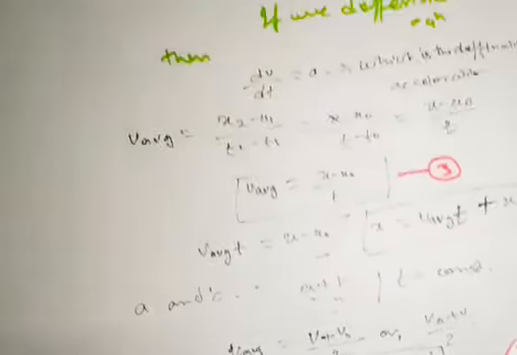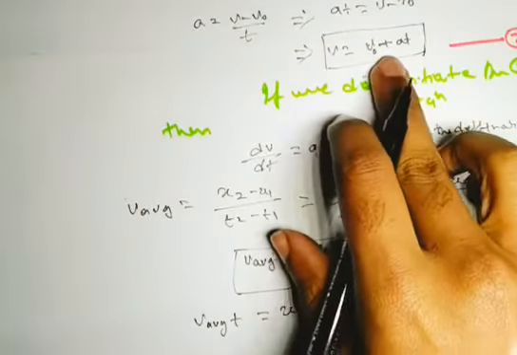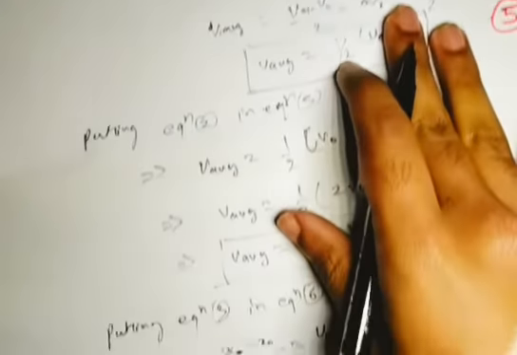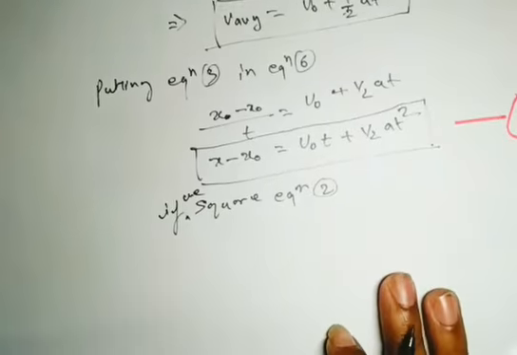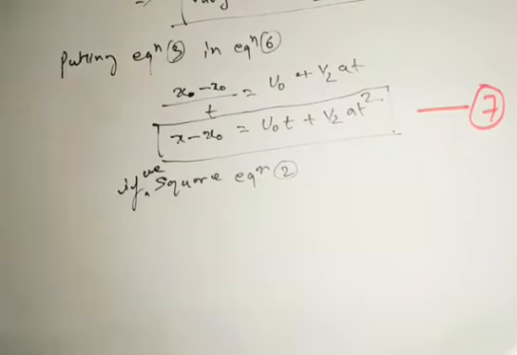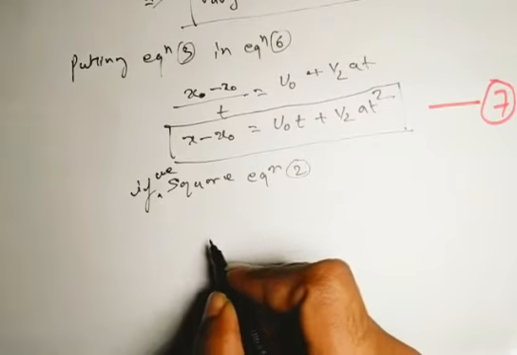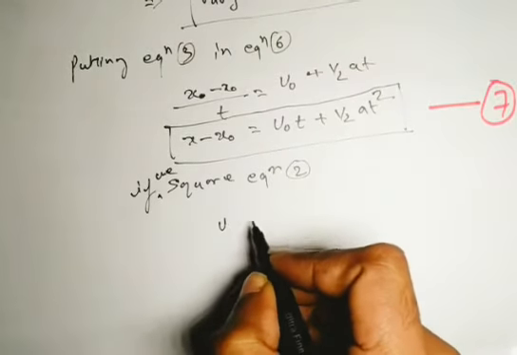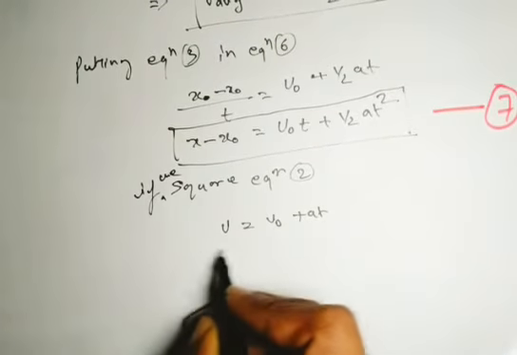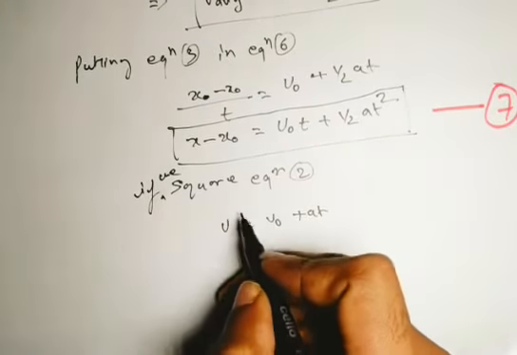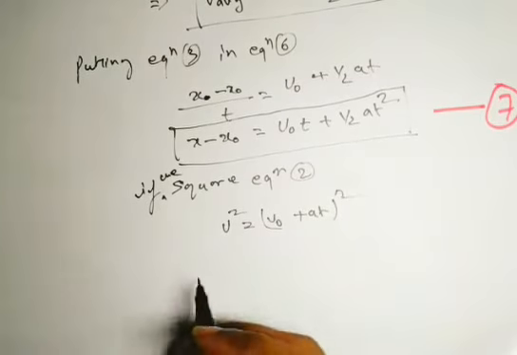What is the equation 2nd? V equals v naught plus at. Then we will find it will become v is equal to v naught plus at, and after squaring it will become v square equals v naught plus at whole square.